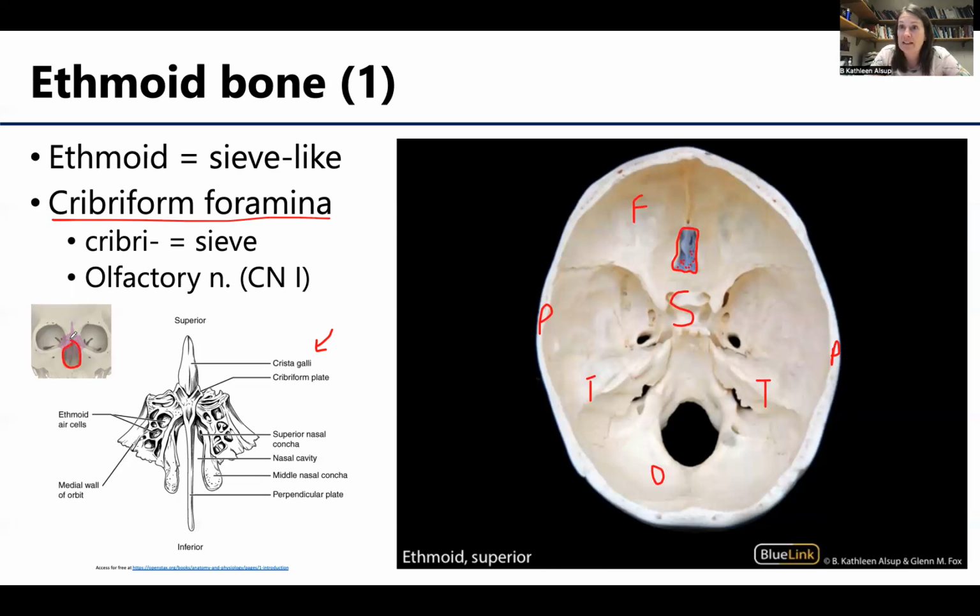And so what happens here with these cribriform foramina is it allows the axons, so these small portions of the olfactory nerve, to traverse through these cribriform foramina on the way back to the brain. So it's sending signals in terms of olfaction or smell to be interpreted by the brain. So a super cool bone. We'll talk about it a little bit more with the viscerocranium as well, but we're going to introduce it here.